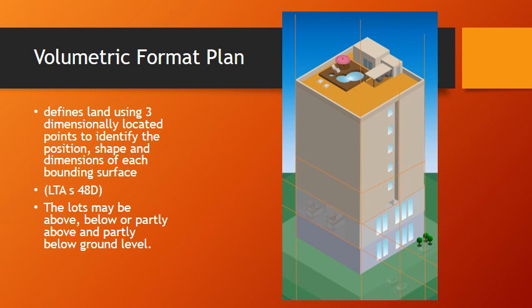In that complex which you would like to register, meaning that if I was a developer, I'd come in, I own this entire lot, I then say I want to subdivide it, and I want to register a volumetric format plan. My plan will identify the individual lots in that building.